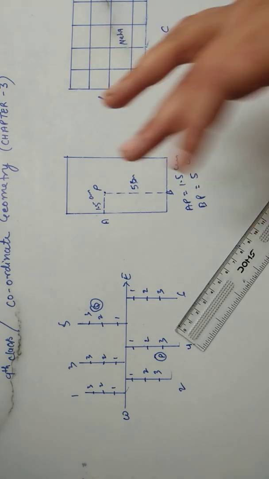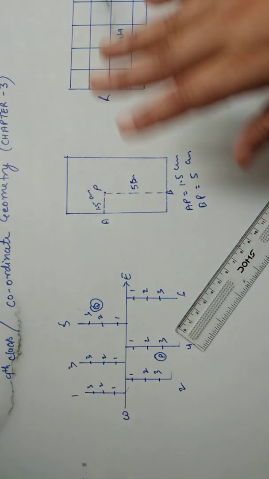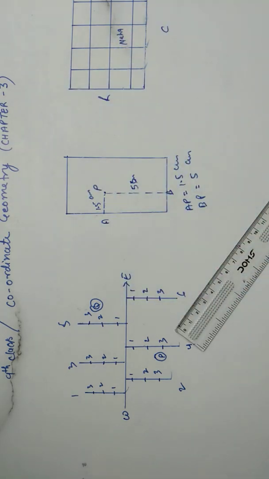This is the way I am locating this point P on the sheet of paper. One more example we will see here. By all these examples, it is easier for you to understand what we will talk about in coordinate geometry, how to solve the questions and how to locate the points.